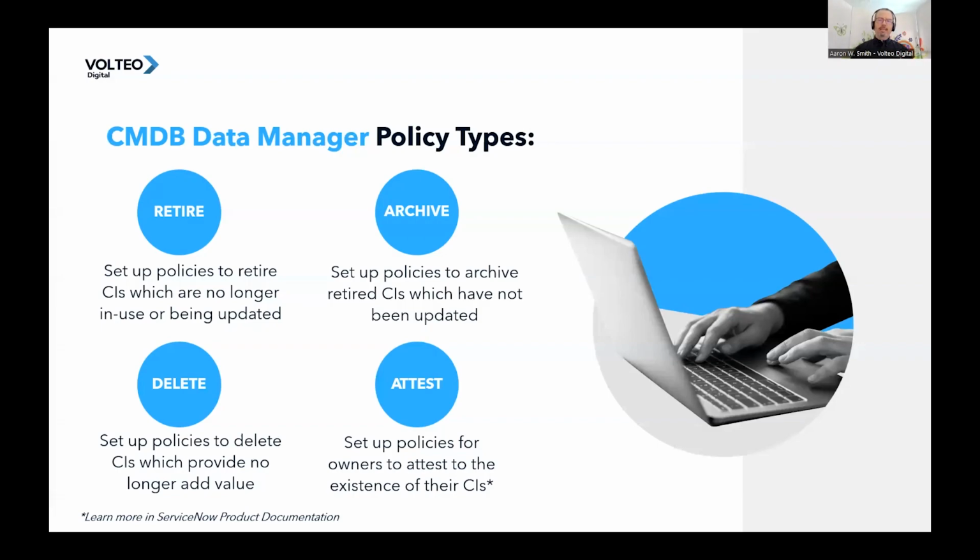I won't be covering that in any greater detail in my demo, but you can again read more details about that process in the ServiceNow product documentation. Attestation policies basically let us ask or delegate that responsibility to the owners of the CIs to ask them to confirm or attest if those CIs are still around, if they are not something that is maintained through automatic processes like discovery.